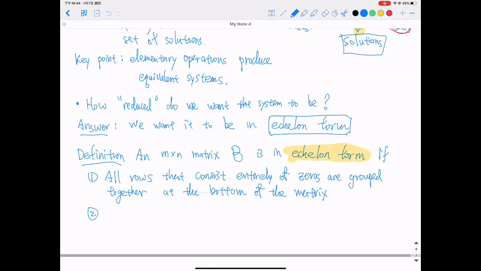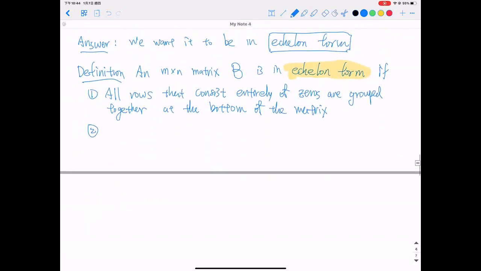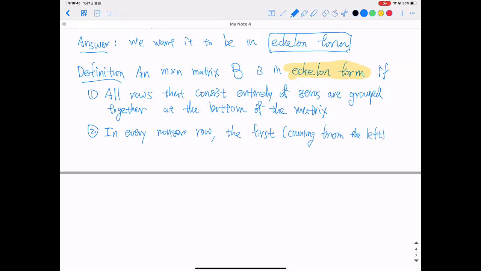Now, two. In every non-zero row, counting from the left, the first non-zero entry is a number 1.